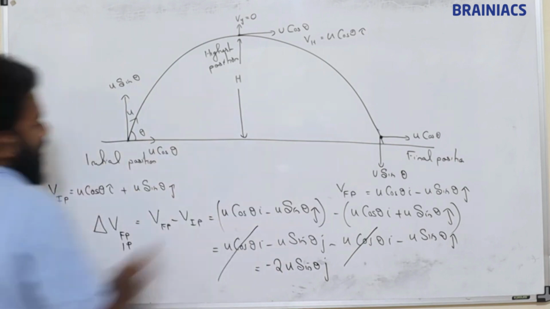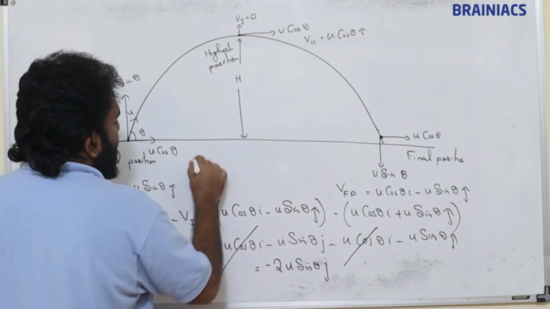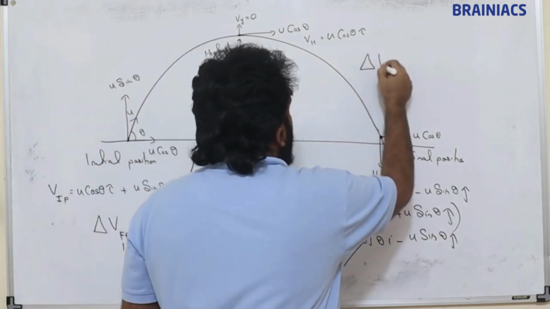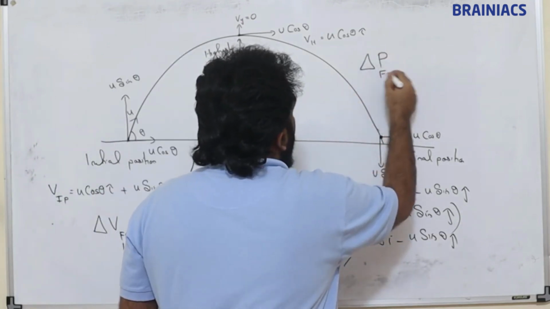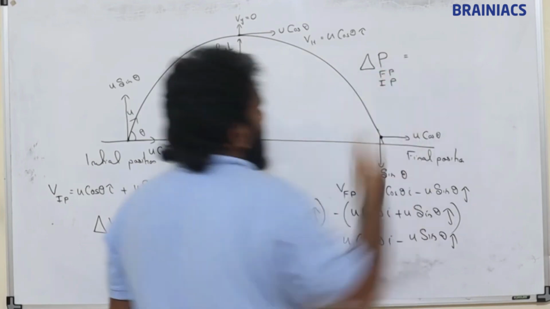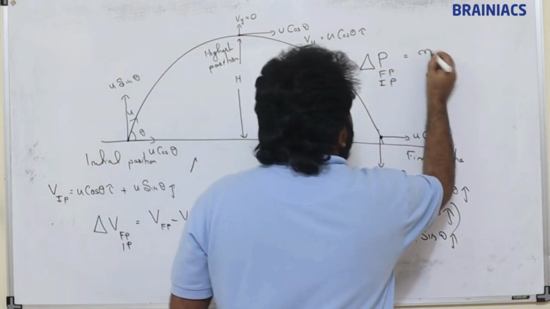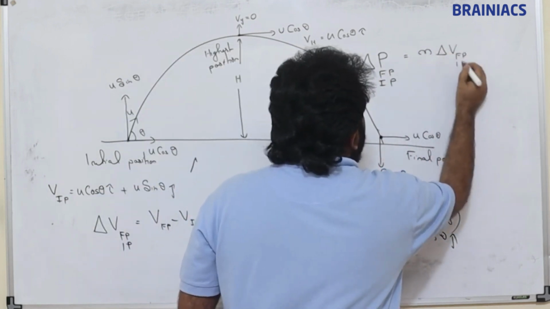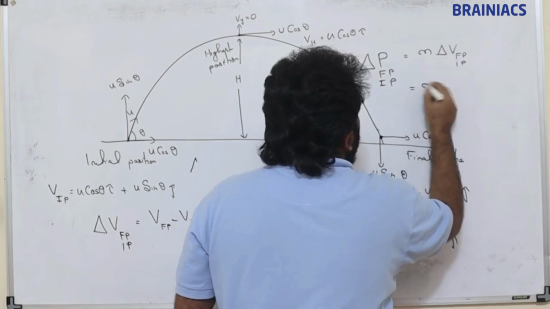Okay, so suppose we write the change in momentum between the final point and the initial point. This is nothing but mass into change in velocity between the final position and the initial position.